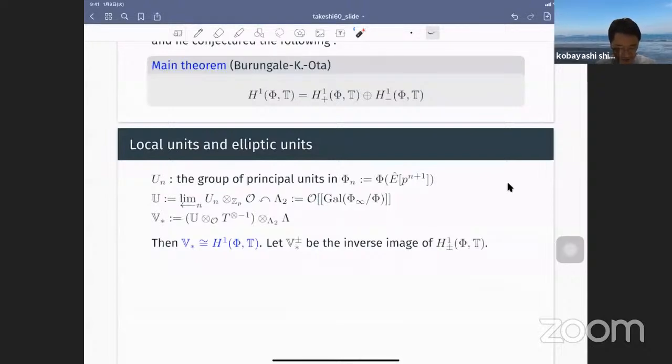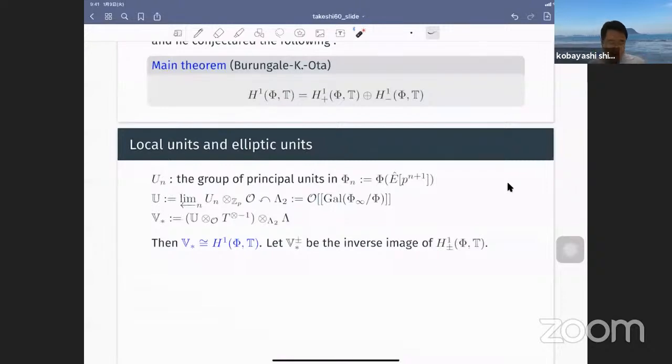So this is the usual Iwasawa-theoretic object, and the two-variable Iwasawa algebra acts on U. Then we twist a little bit by T, and take the anticyclotomic projection.